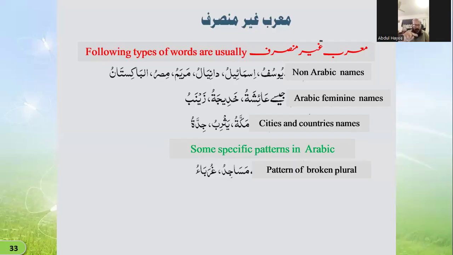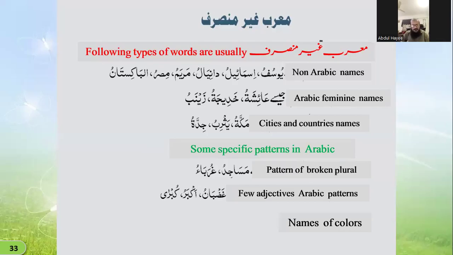A few adjectives follow big patterns: Ghadbanu, Ghadbana, Ghadbana; Akbaru, Akbara, Akbara; Kubra. Names of colors: Aswadu, Aswada, Aswada; Ahmaru, Ahmara, Ahmara; Asgharu, Asghara, Asghara.